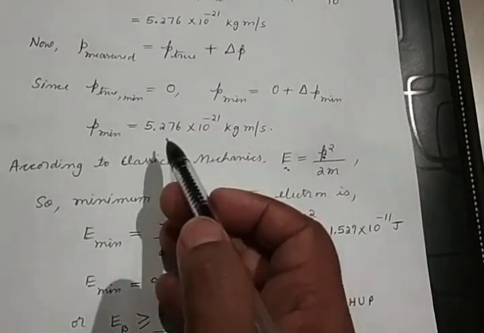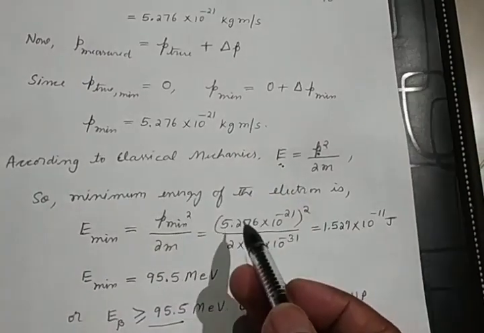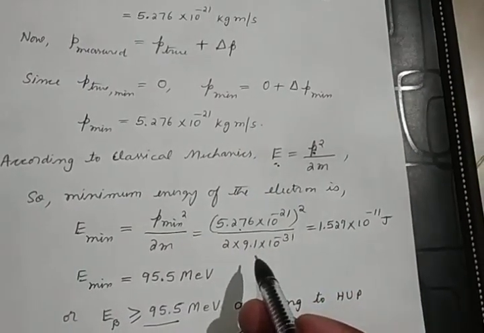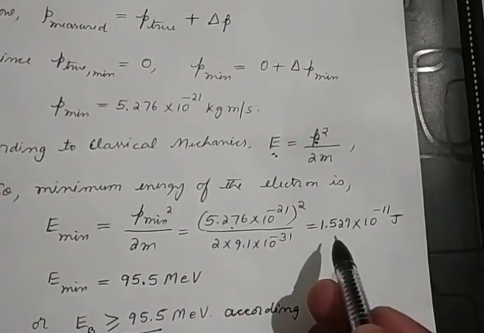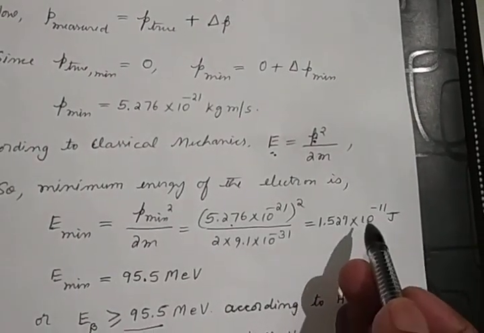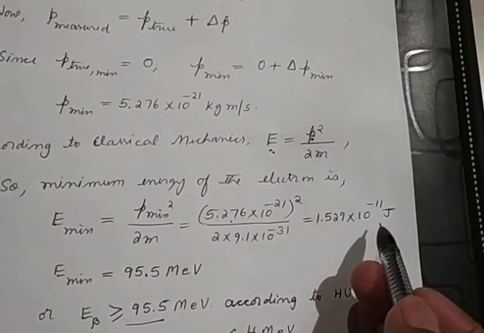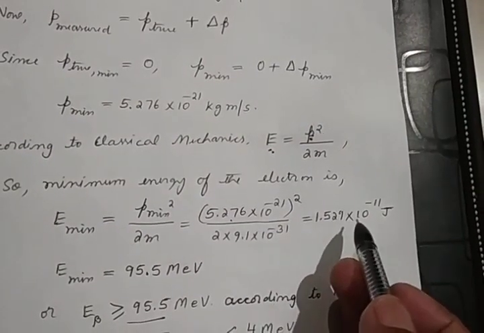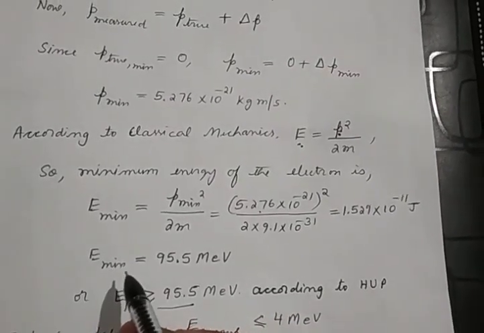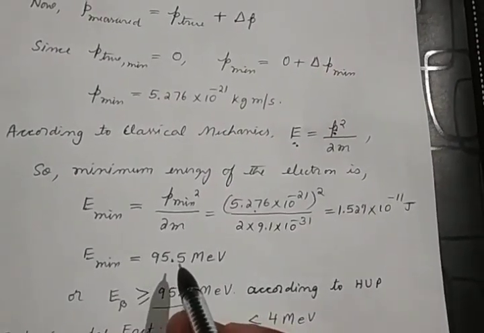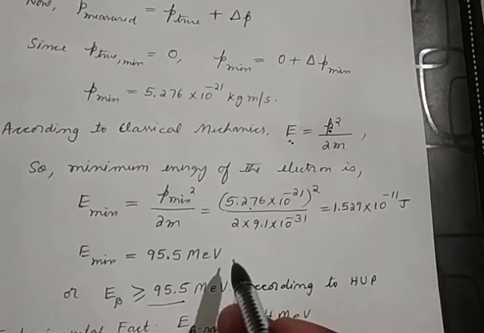Substituting the minimum momentum value and the mass of the electron, we get the minimum energy equal to 1.529 into 10 power minus 11 joule. This can be converted into electron volt, and we get the minimum energy equal to 95.5 mega electron volt.